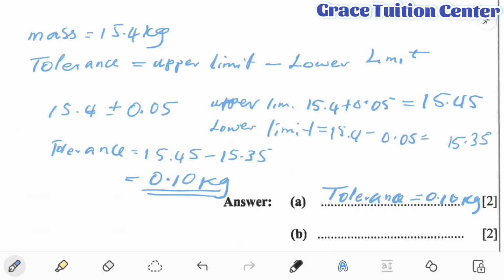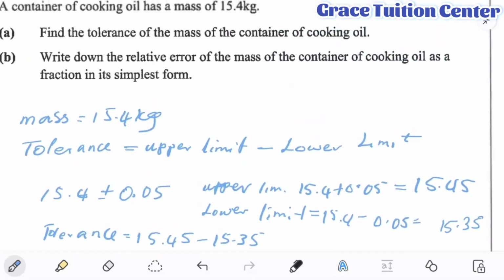If the number you're given is to 1 decimal place, add and subtract 0.05 to get the upper and the lower limit. If the number is given to 2 decimal places, add 0.005 and subtract it from that number to get the upper and the lower limit. Then you can use those two to work out your tolerance. Is that okay? So let's go ahead and check the next question.